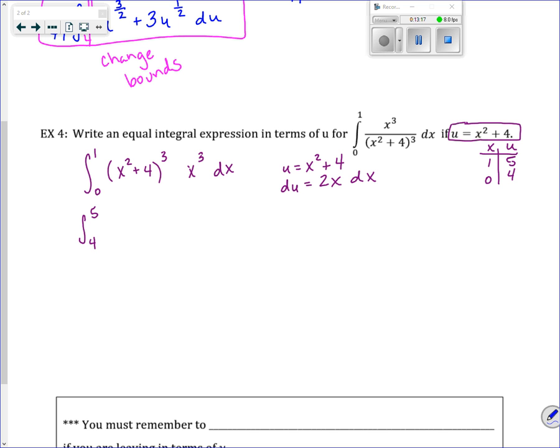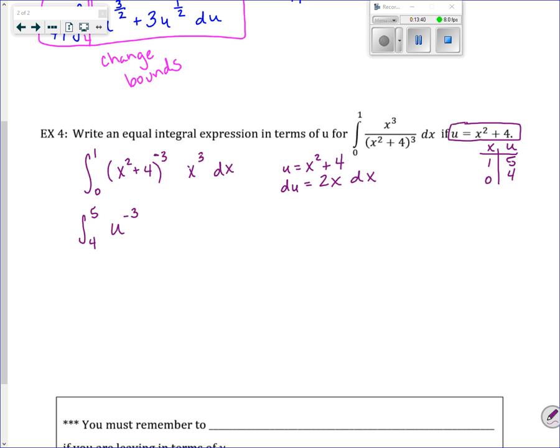Now let's start the substituting. That should be to the -3. I just caught myself making a silly mistake there. So here we go. That would be u to the -3. So I got that one. Now this x to the 3rd dx, let me think about that.